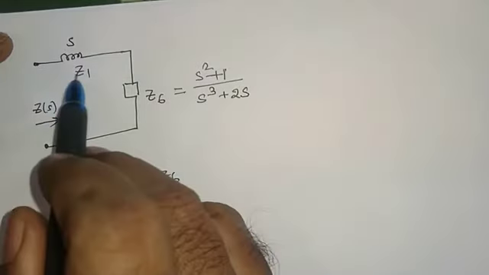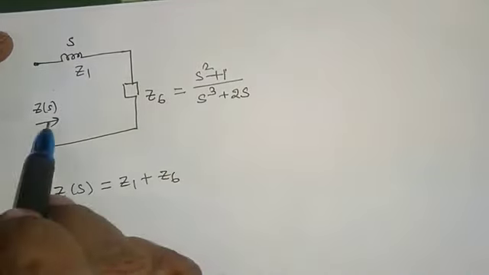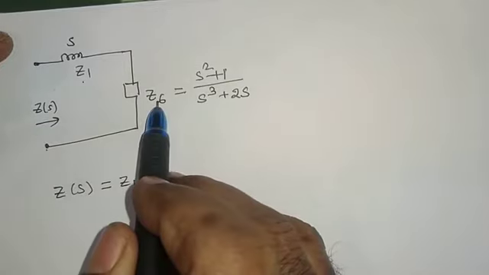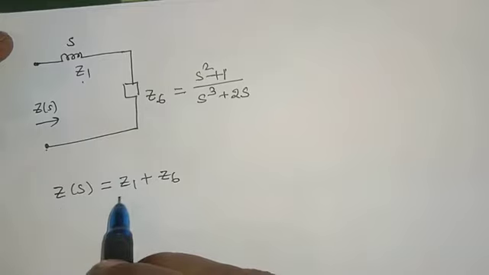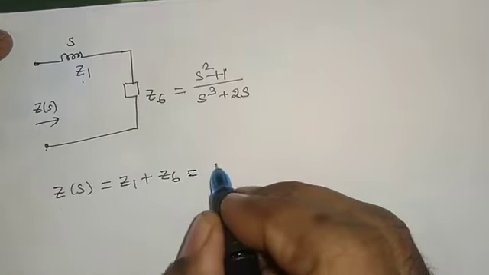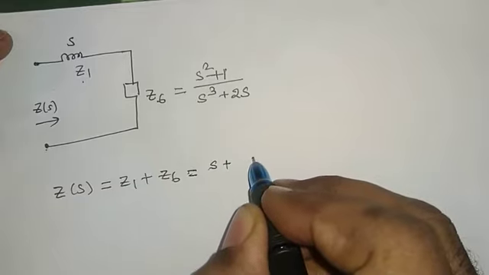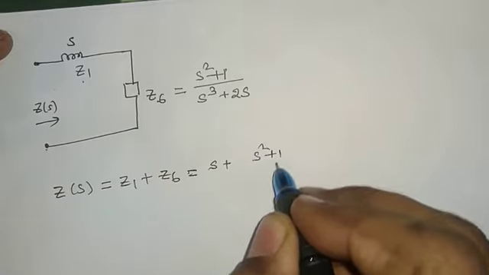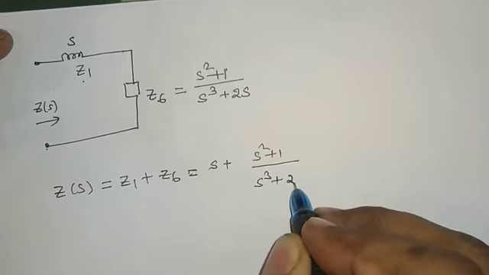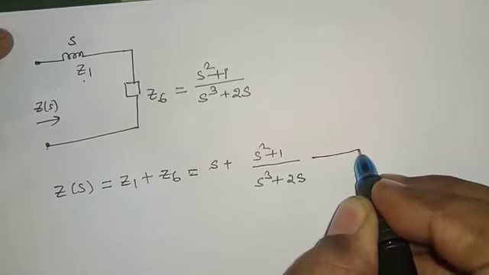Now, see the circuit. If we look between these two terminals, Z1 and Z6 will be in series. Therefore, Zs is equal to Z1 plus Z6, which is S plus S square plus 1 divided by S cube plus 2S.